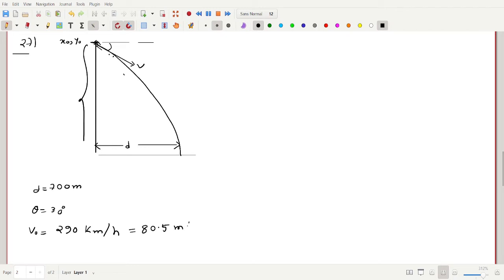So our general equation of the projectile was y equals to y naught plus (x minus x naught) tan theta minus half g times (x minus x naught) over (v naught cos theta) squared.